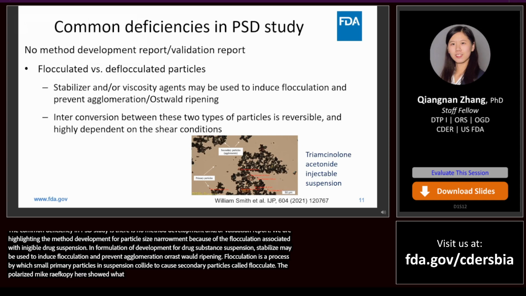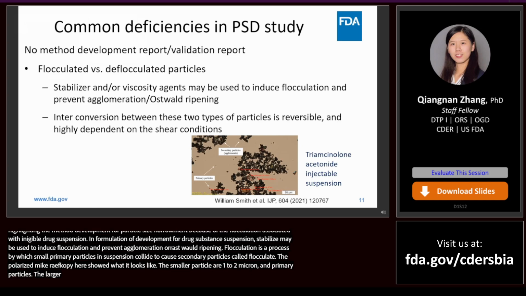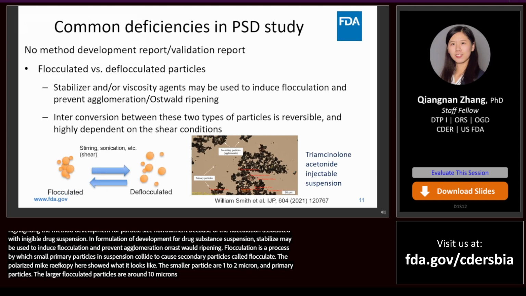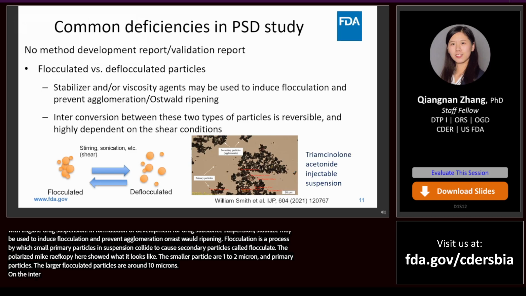The smaller particles are 1 to 2 micron and are primary particles. The larger flocculated secondary particles are around 10 microns. The interconversion between these two types of particles is reversible and highly dependent on the shear condition.